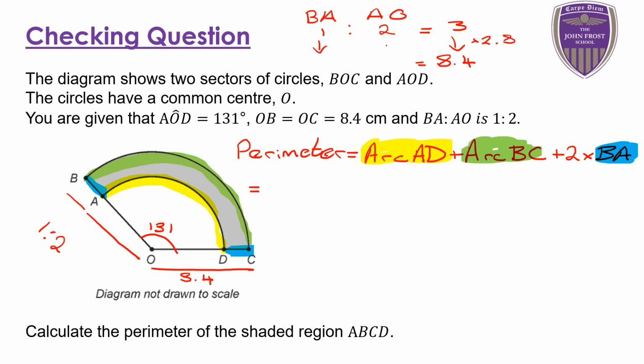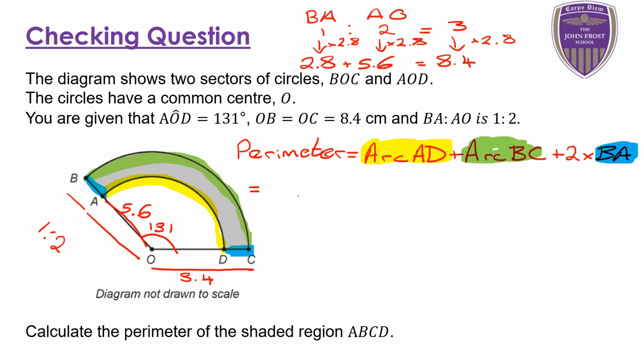So if you times these by 2.8, that gives you that BA is 2.8 and AO is 5.6. So we've now worked out that this length here is 5.6 centimeters.